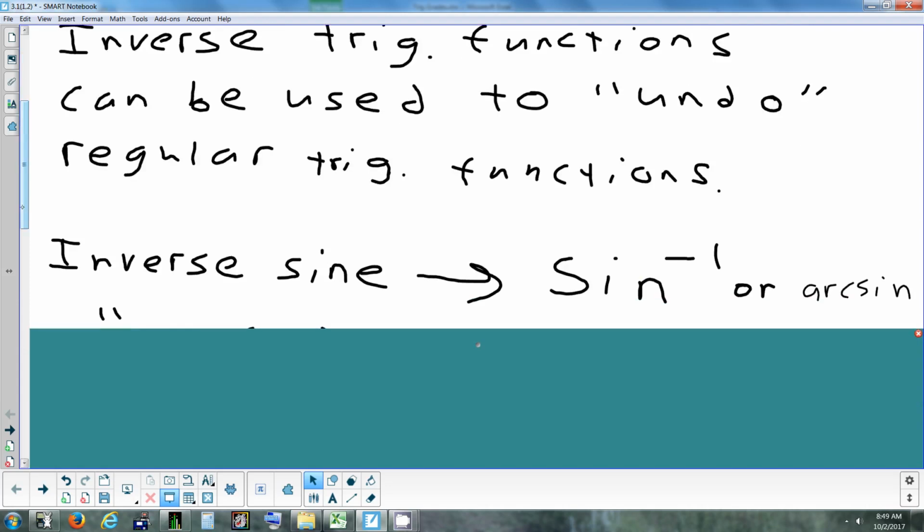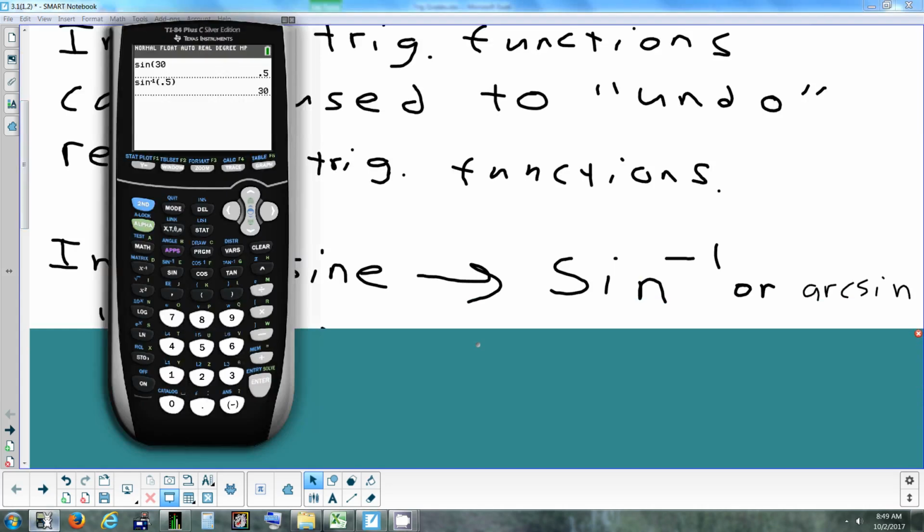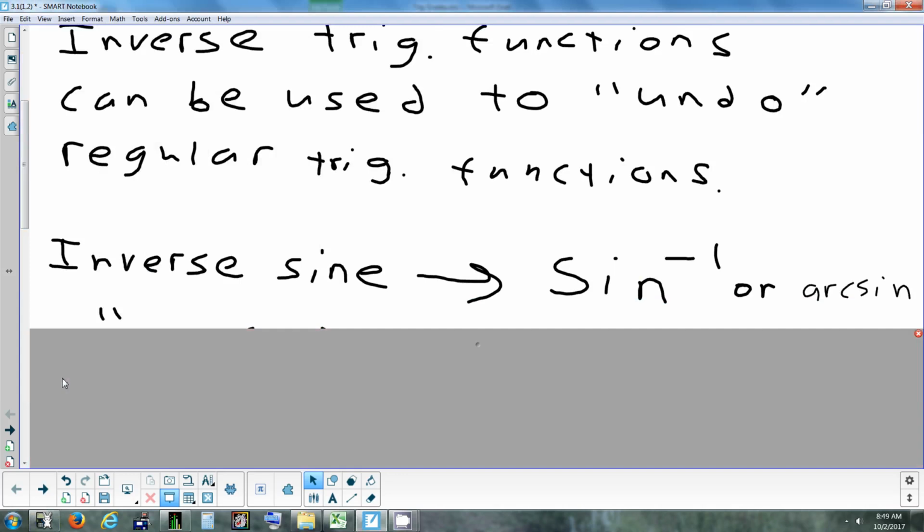So the symbol for it, we usually don't write out the entire word inverse sine. Okay? It's this sine with a -1 up higher. Okay? That's how the calculator does it. And that's how you'll most likely see it in most textbooks, including ours.